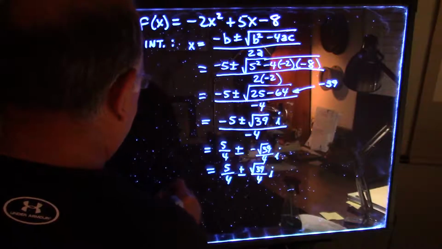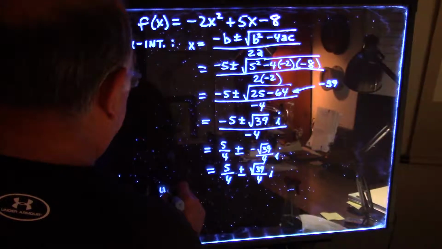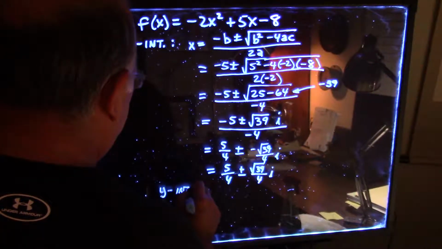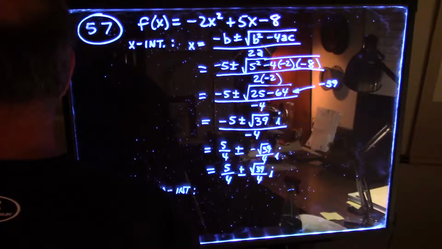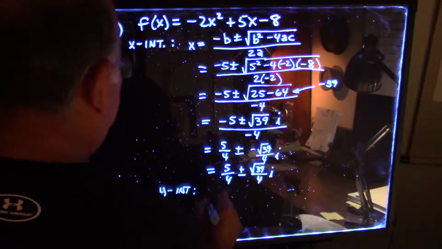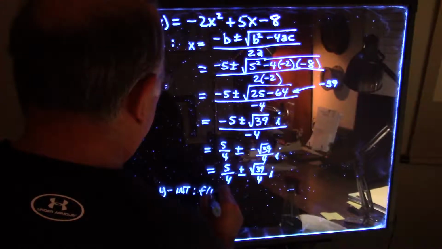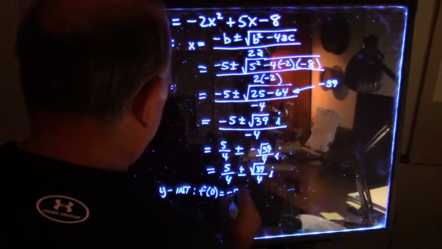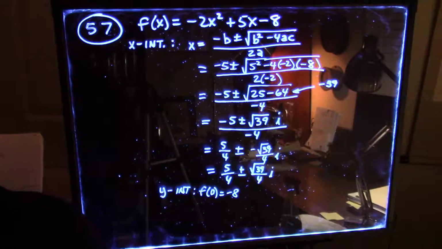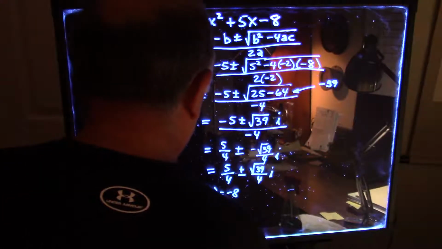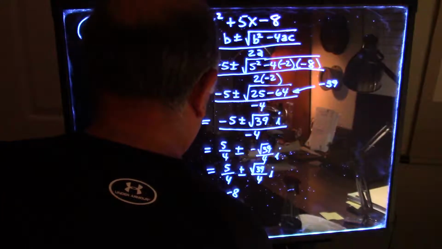How about the y-intercept? That's f of 0 equals negative 8. That's always easy to compute. So we have 0, negative 8 as a y-intercept.